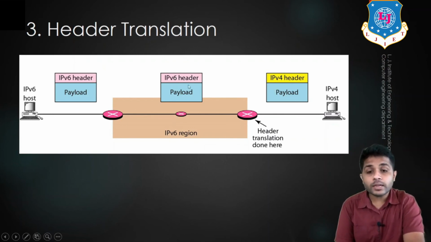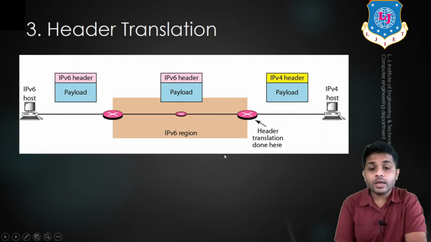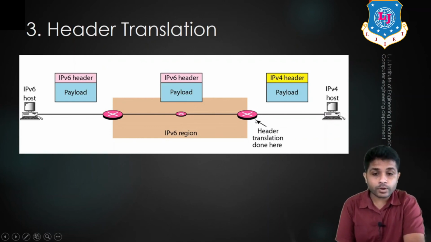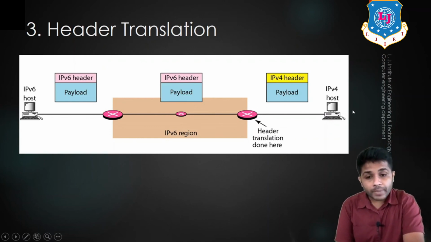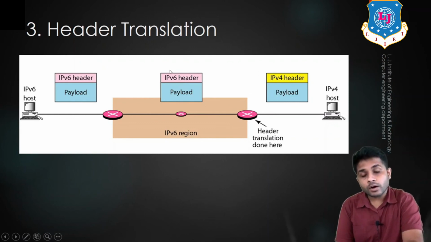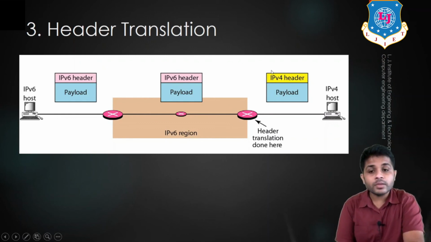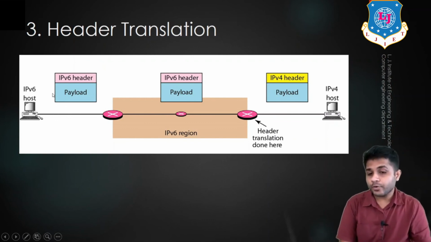So it will convert the header from IPv4 to IPv6, and the header translation is done at a particular router. And when the packet travels in the reverse direction, this router will unmap those packets. So it will again replace the IPv4 with the IPv6 when IPv4 sends a packet to IPv6, and this is how the transition from IPv4 to IPv6 works.